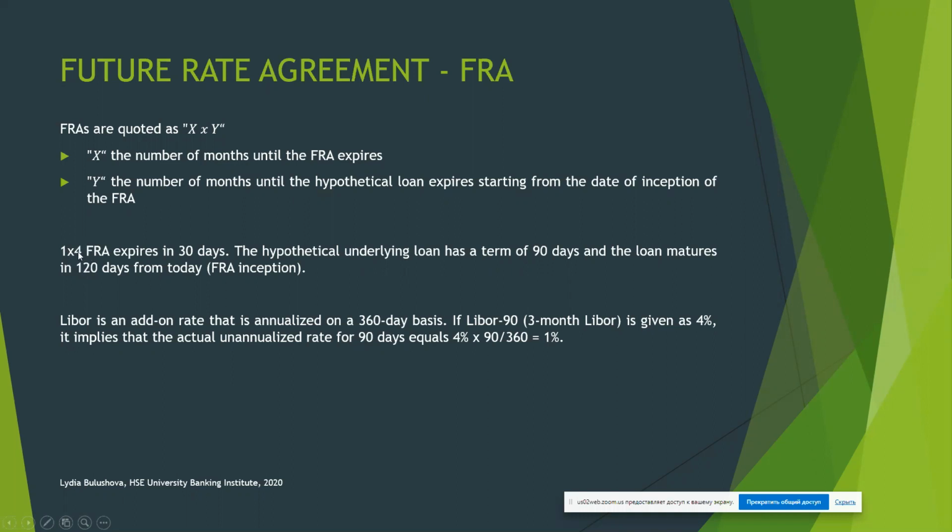If we take 4 minus 1, we get 3. If today is the 1st of January, this tricky thing starts on the 1st of February and lasts for 3 months, February, March, and April, and it ends at the end of April.